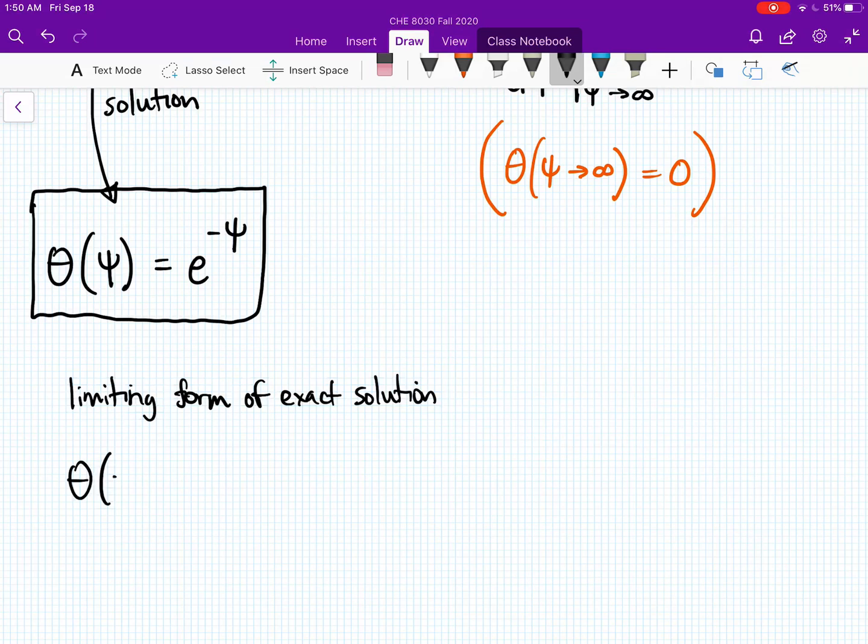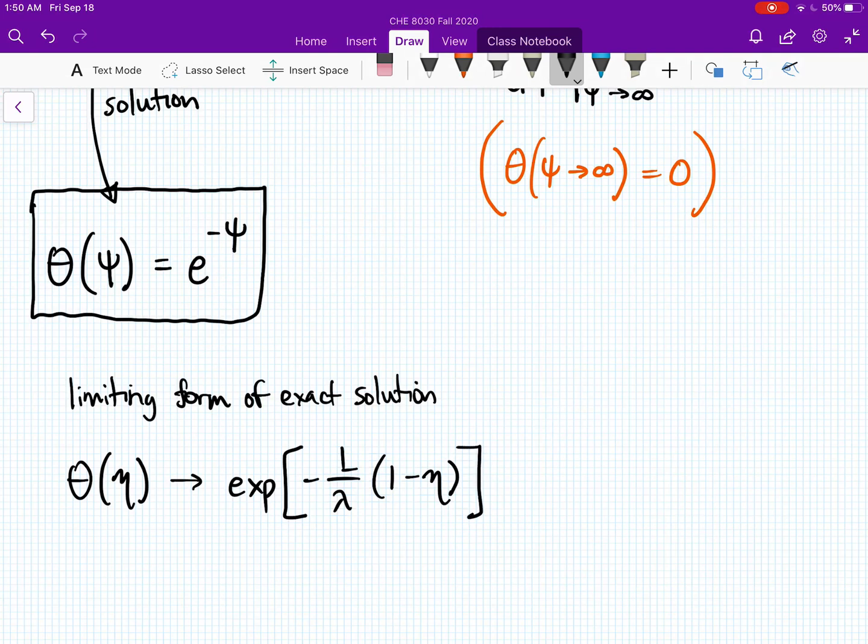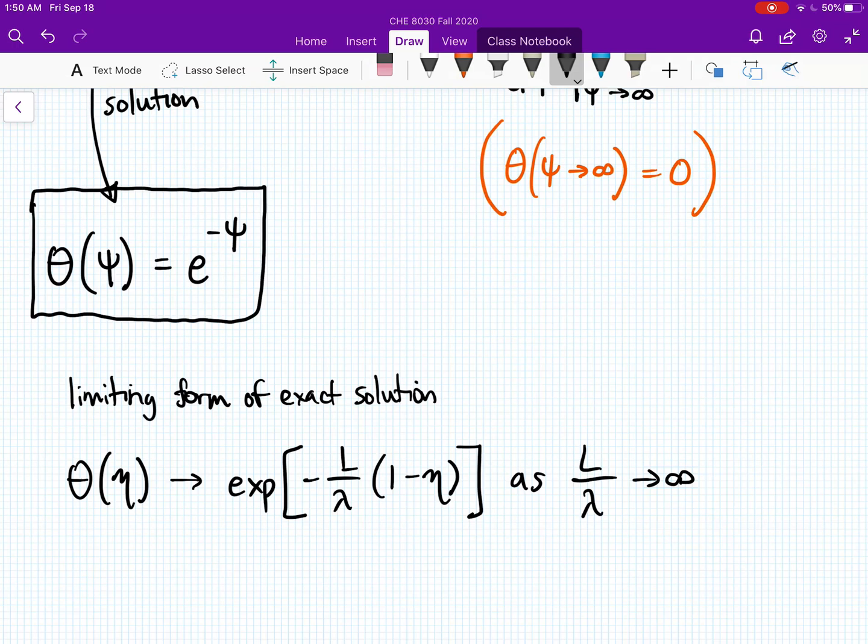We saw that theta as a function of eta approached the exponential of negative L over lambda multiplied by 1 minus eta, as L over lambda approached infinity.